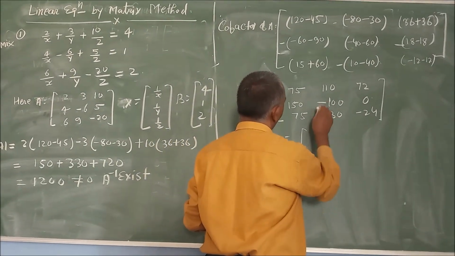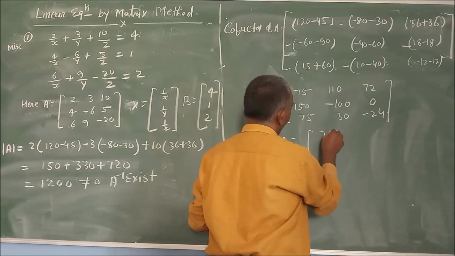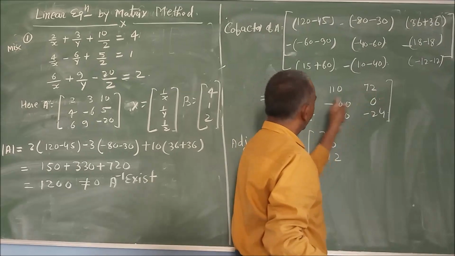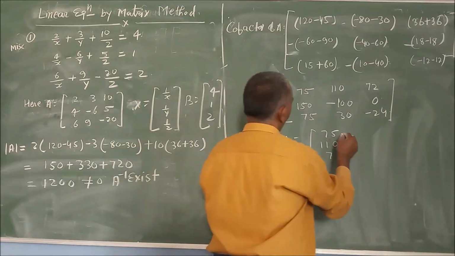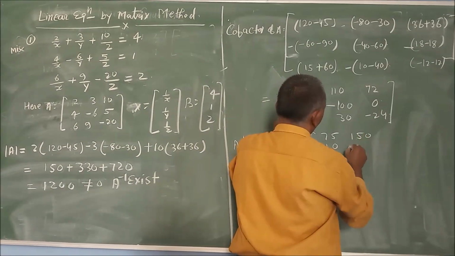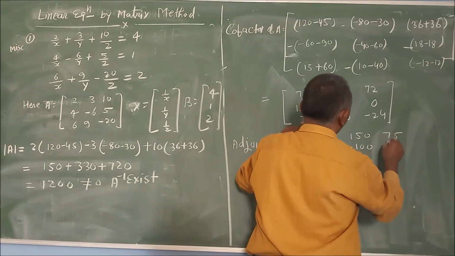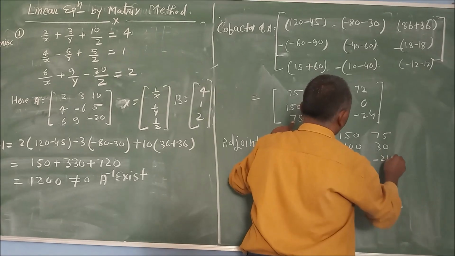Change R1 to C1, so 75, 110, 72. Instead of R1 we have written it in C1, and after that 150, minus 100, 0, 75, 30, minus 24.